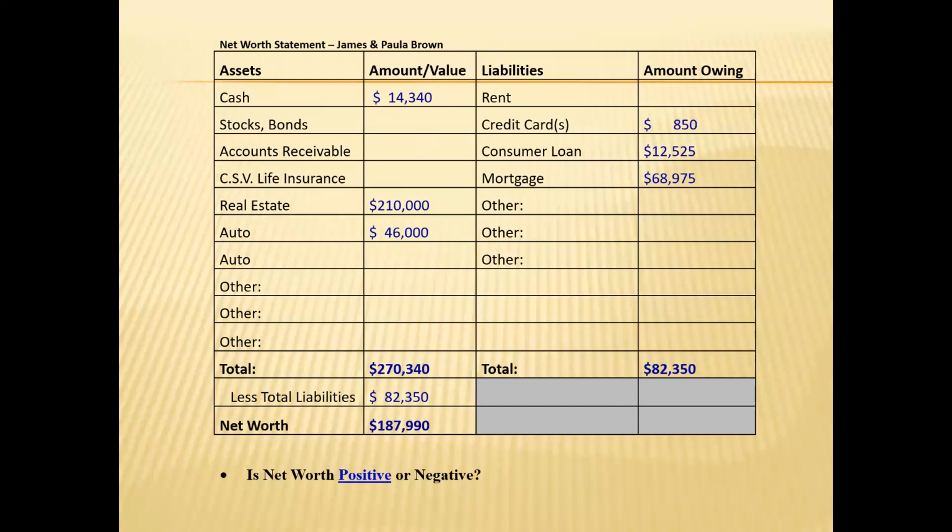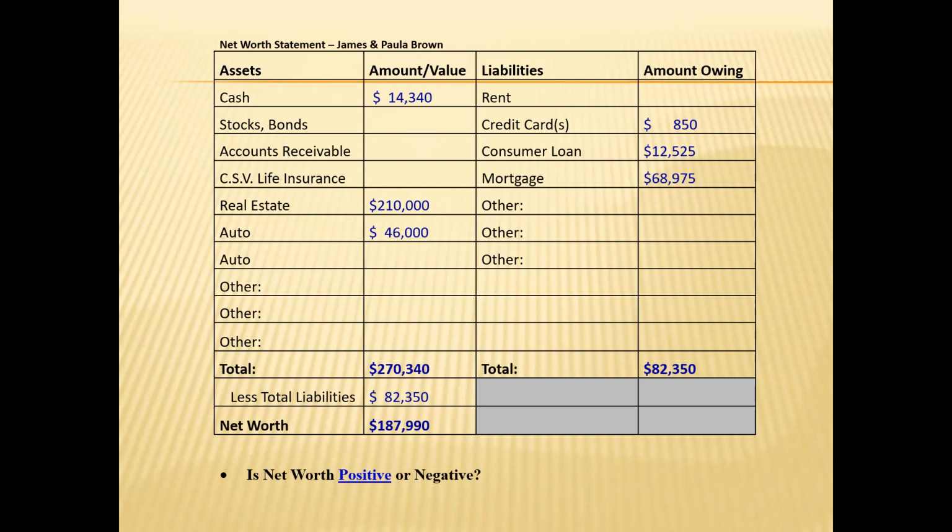We were talking about James and Paula's net worth. Okay, all right. Yeah, so I was saying that their net worth, I'm just going down the net worth, I'm saying they had cash of 14,000 plus, real estate valued at 210,000, automobiles total 46,000. On the other side, on the liabilities, credit cards total outstanding of 850, consumer loan a little over 12,000, mortgage just under 69,000.